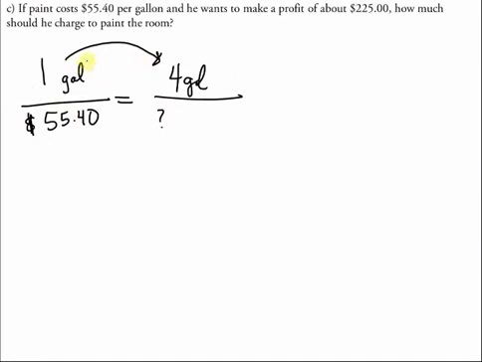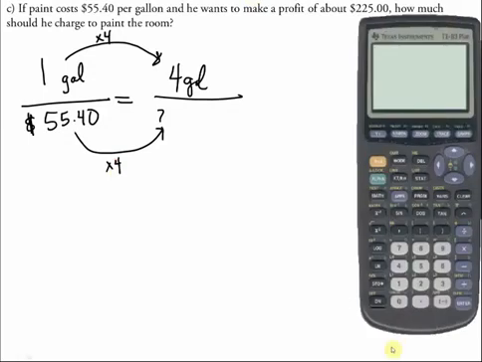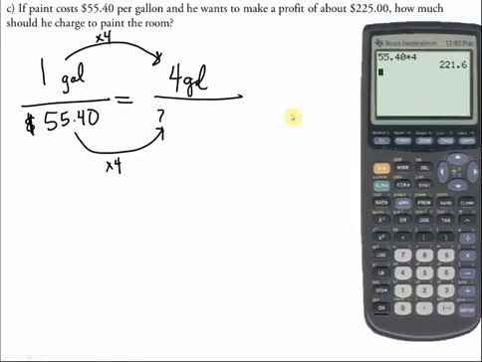So 1 gallon times 4 to get there, times 4. So in our calculator, this is stage 1, 55.40, and you can put the 0 if you want, times that by 4. Okay, so it's going to cost this individual $221.60 without any taxes, assumingly, for just paint.